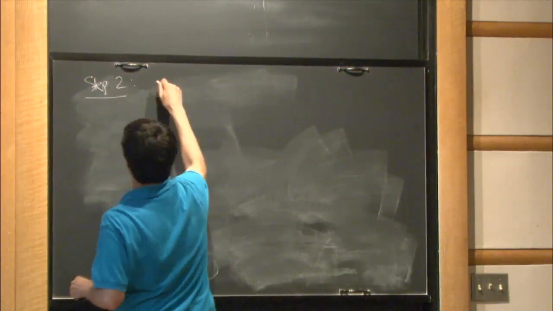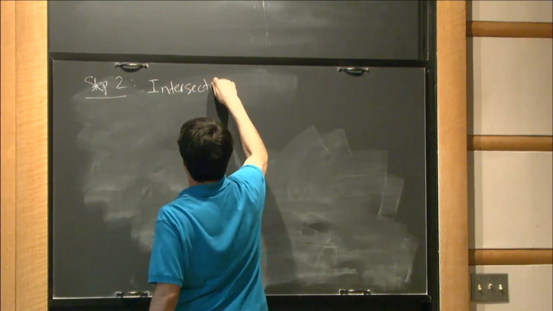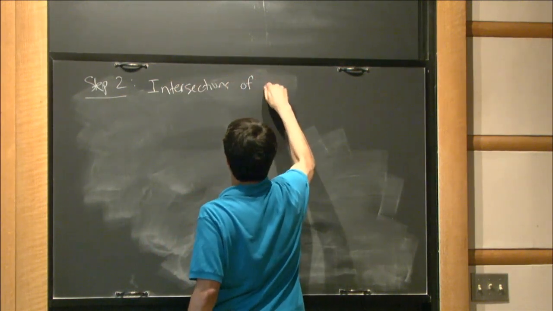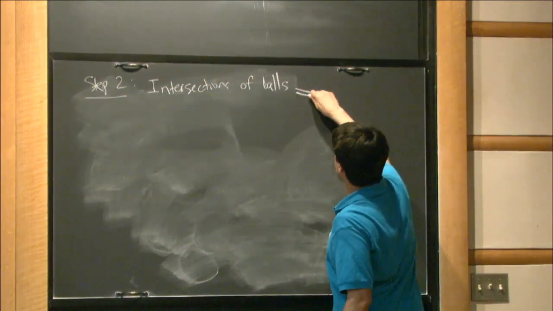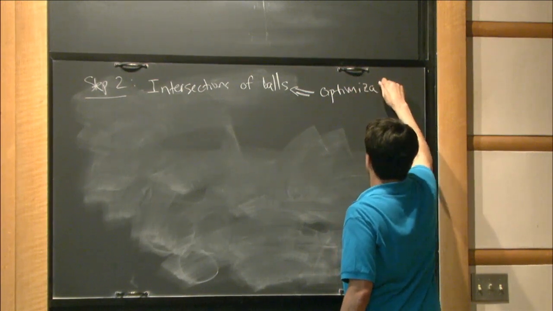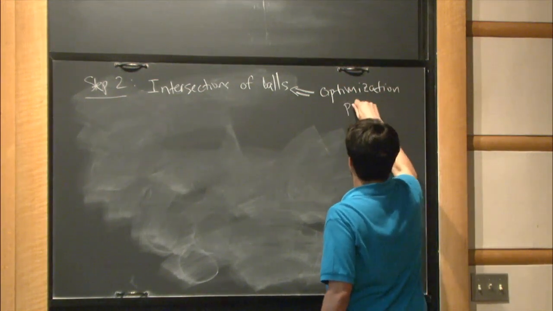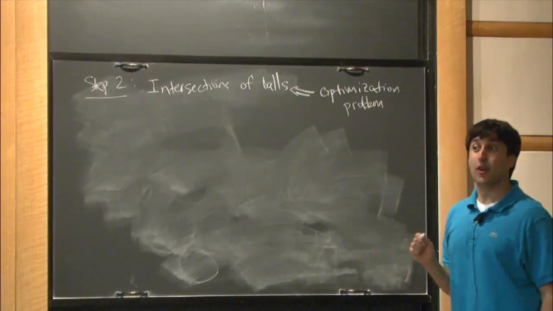The next step is that you can reformulate the problem of whether the balls intersect as the solution to an optimization problem.